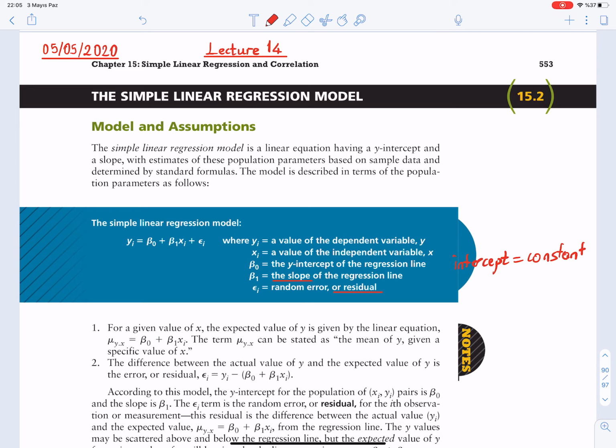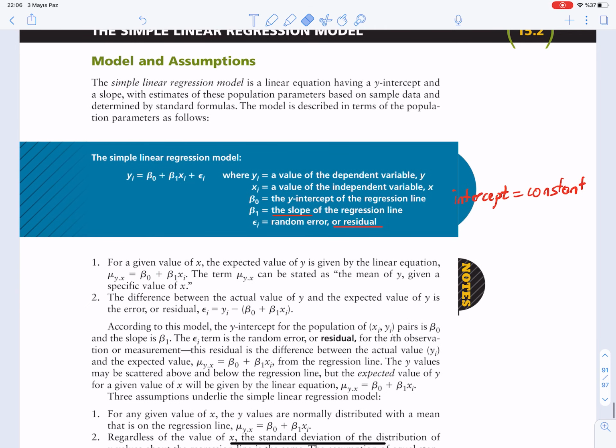The residual is the term used for the estimated model. This is the population model, not what we call the estimated model. It is the population model.